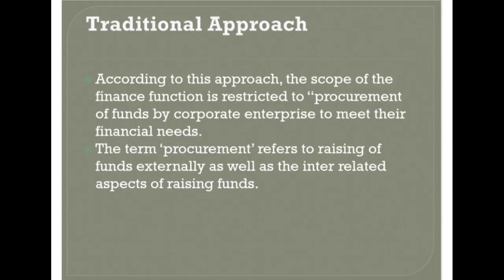So, traditionally, what is financial management? It is the procurement of funds from all sources the company can avail the funds to meet its financial needs. The term procurement refers to funds externally as well as interrelated aspects of raising funds.